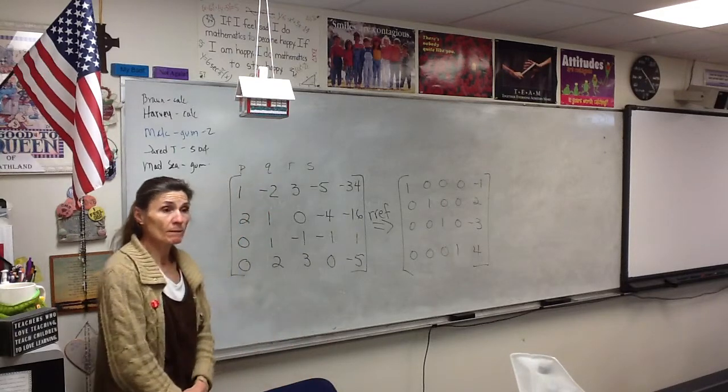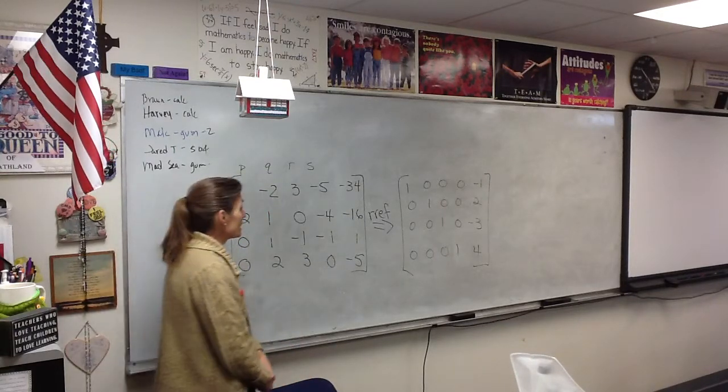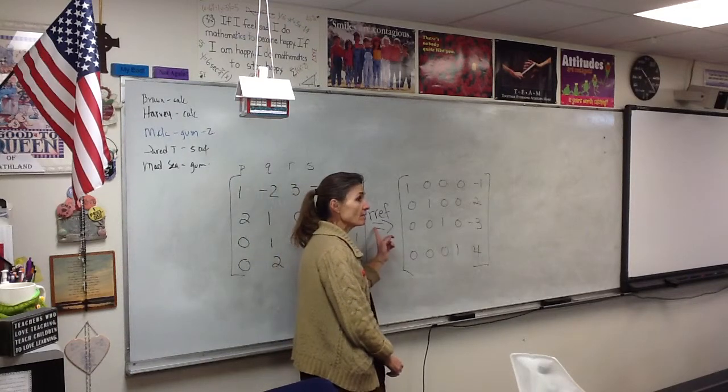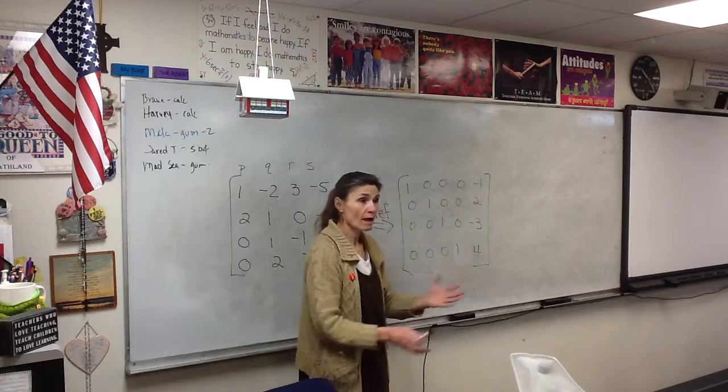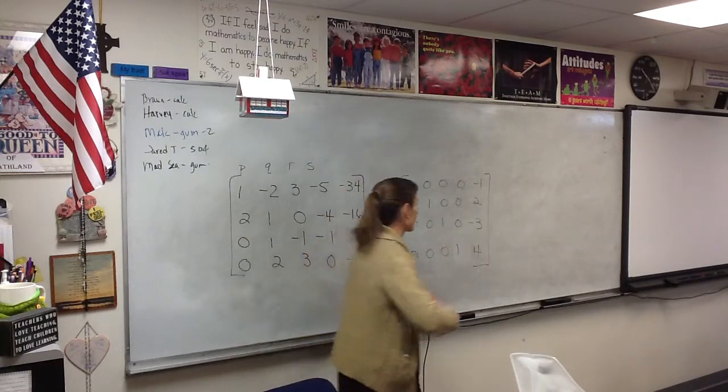We're real careful about zeros. And then we do our RREF thing, and we write down the matrix that comes out. That's all you have to write down except for the answer.